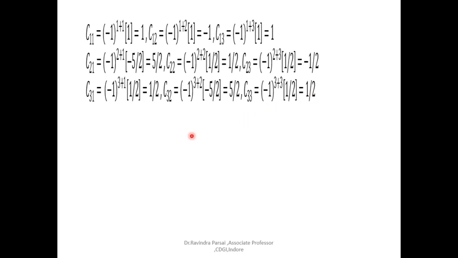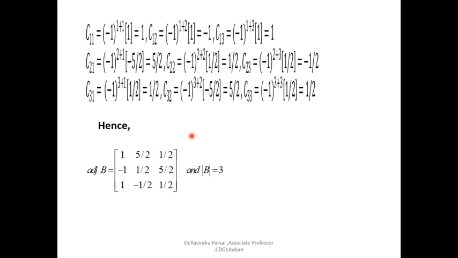With the help of the cofactors of all the elements, you find the adjoint of the matrix B by writing it in transpose form. So 1, minus 1 is the first column, then the second column is obtained by writing these elements' cofactors in column form. Similarly, you will get the third column.